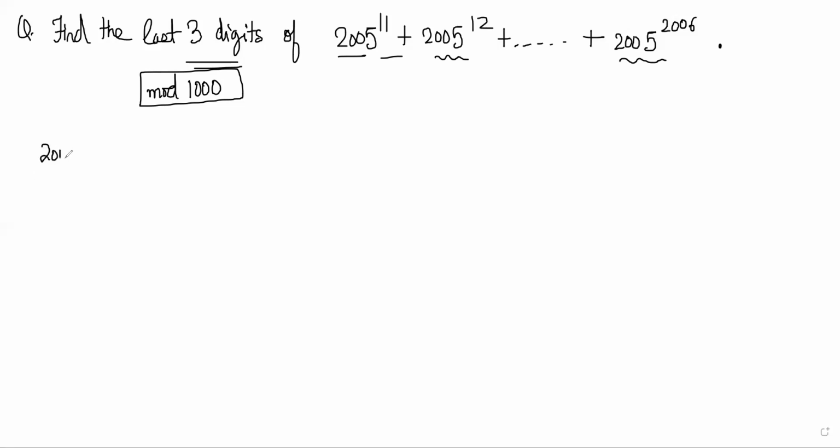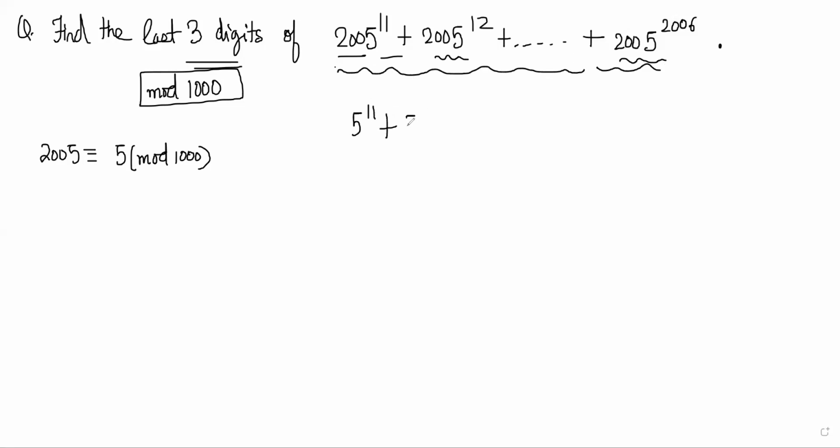You should note that 2005 is 5 mod 1000, and so all of these can be written as 5 to the power 11, 5 to the power 12, up to 5 to the power 2006. Is the answer 850?